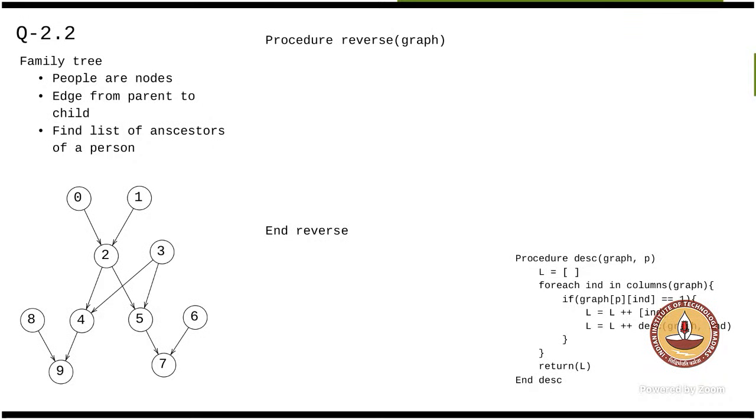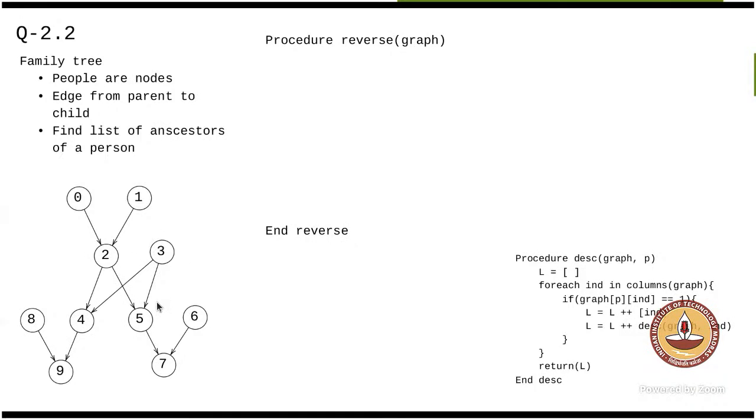So the idea is to create a new matrix. Every edge that is there, you just change its direction, and then you do DFS on 7. You reverse the edges, and then you find all the descendants of 7 in that reversed graph. That's the same as finding the ancestors of 7 in the original graph.